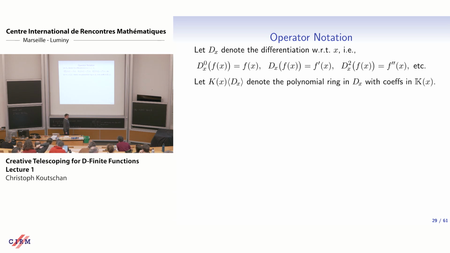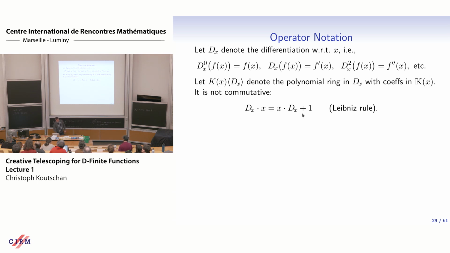And I denote the ring of differential operators with polynomial coefficients, let's say with rational function coefficients, by this notation. Sometimes we use square brackets or angle brackets, whatever. It's just to remind you that this ring is not a commutative ring, because from the Leibniz rule, D of x times f is x times f prime plus x prime times f.